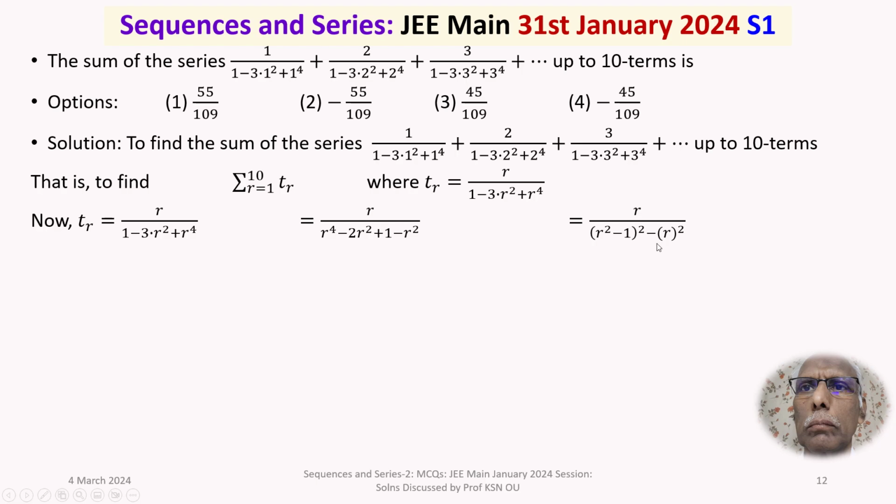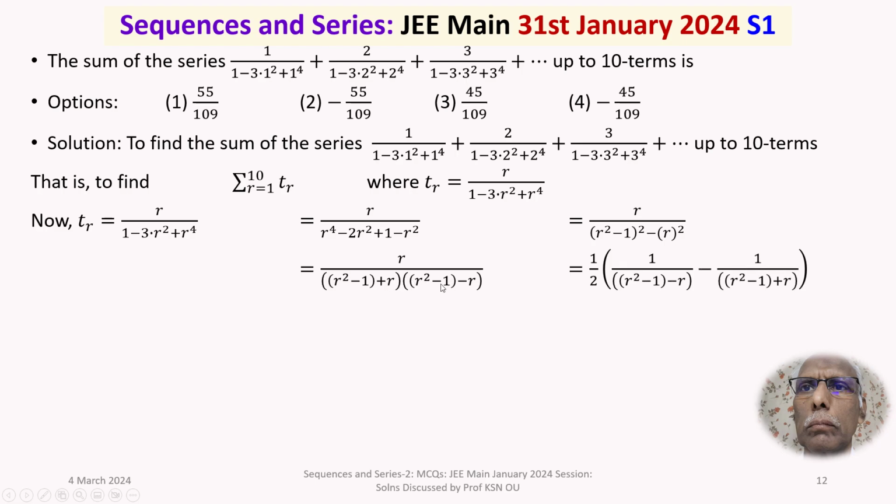So the denominator is looking like a square minus b square. So the factors are a plus b into a minus b. So that will be equal to r by r square minus 1 plus r into r square minus 1 minus r. This is the factorization.